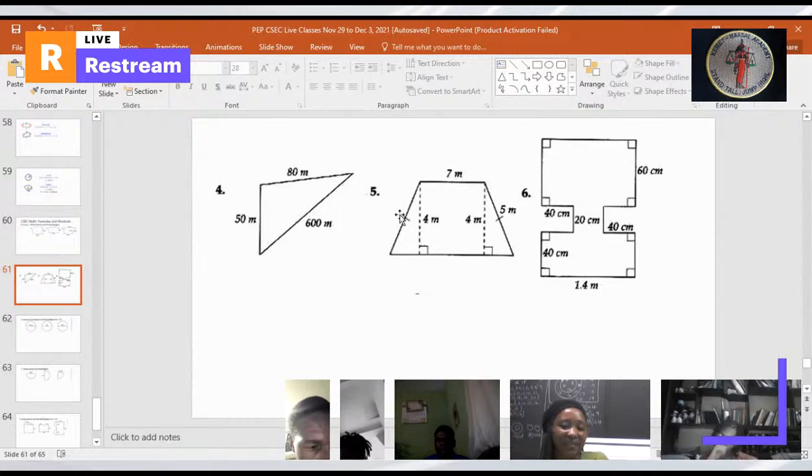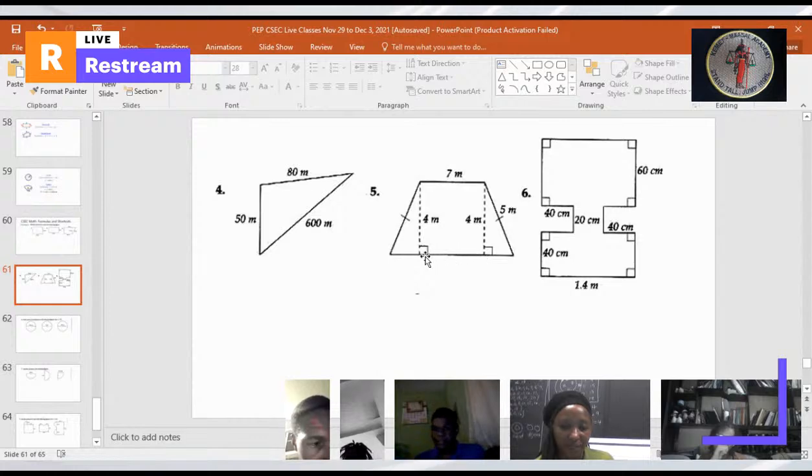We know that this is 5 because this part has the same stroke as this one, right? And in maths, when you're looking at diagrams, if sides have the same stroke across them, they are equal. So this is 5, this is 5. We know that this is 7, so right here is also 7.